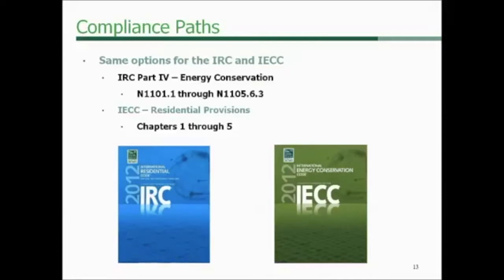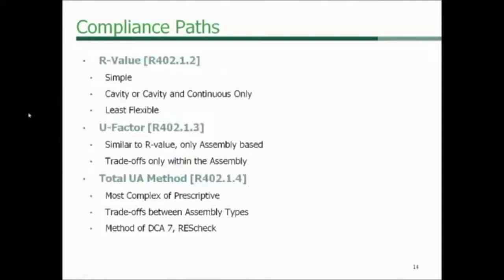So we're talking either Part 4 energy conservation of the IRC or the residential provisions of IECC chapters 1 through 5. There are 3 prescriptive compliance paths. There's also a performance path, but that requires more intense modeling, so it's outside the scope of this presentation.